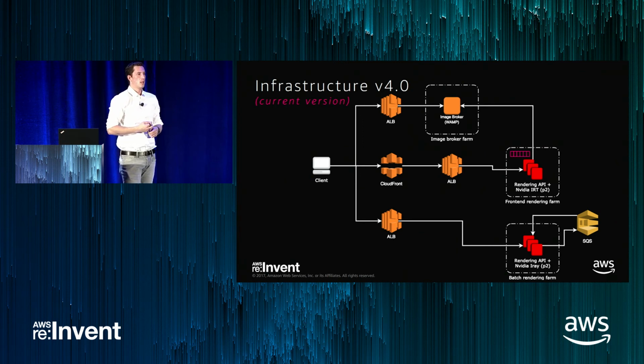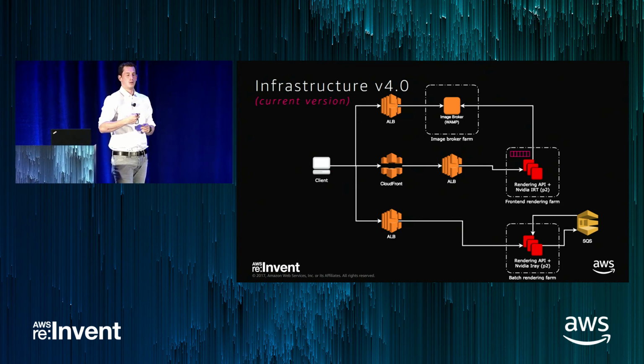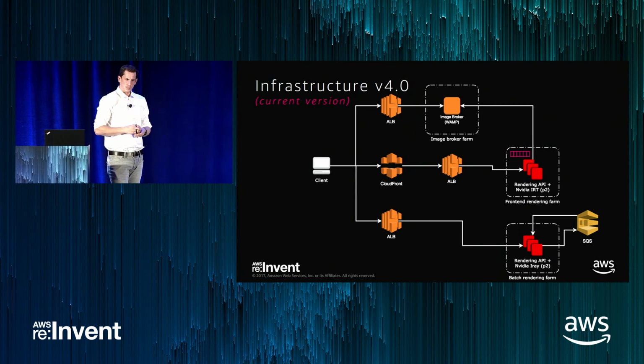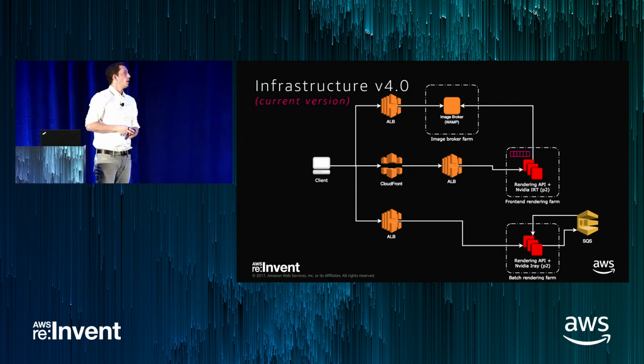For the first user, that user won't really notice a difference, but the second user, the third, and so on, they will pay a penalty for being on this queue of running images or generating images in parallel.